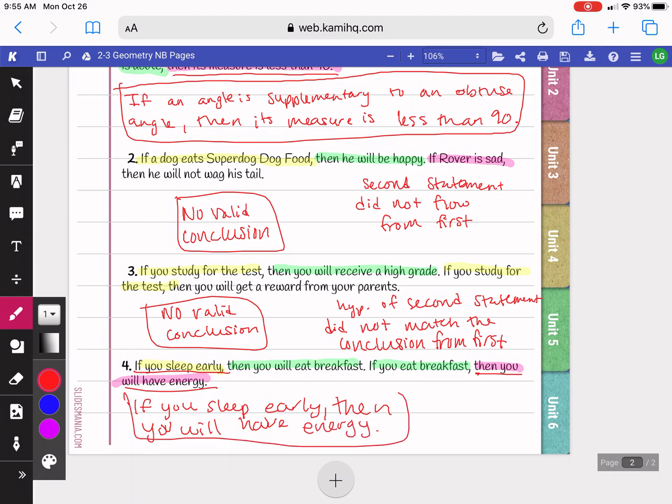So notice here, it flowed nicely. If your conclusion from your first statement begins your hypothesis for your next, you can write a new if-then statement that leaves out that middle, that goes from the beginning to the end. From if you sleep early to then you will have energy.